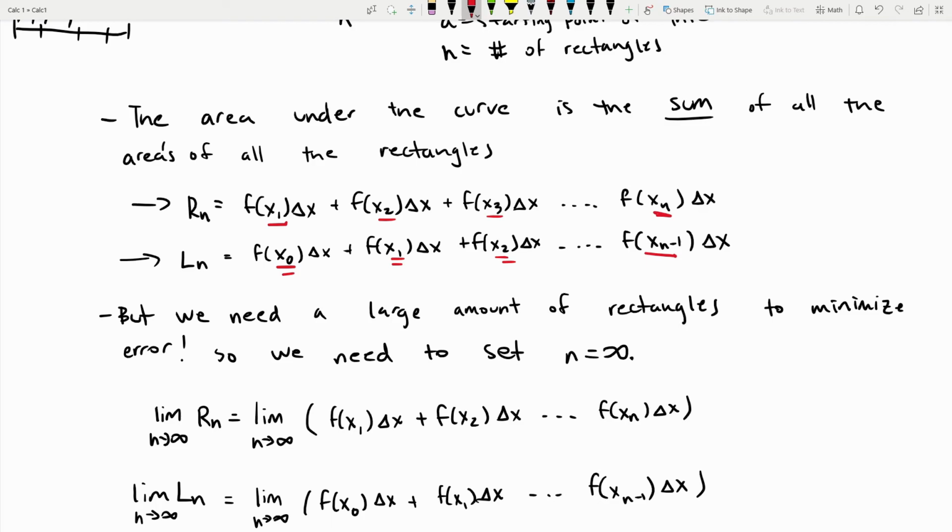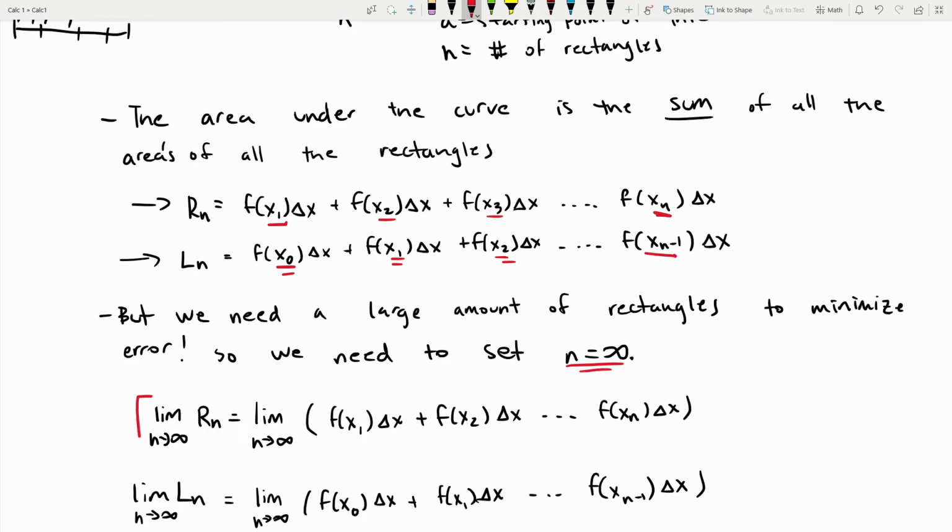Now that we've computed this area, right, how many rectangles are there? And as we know, the more rectangles, the less error we have, because we're either missing less area or we're accounting for less overestimates. So we want to set n, the number of rectangles, to be as many as we can have.